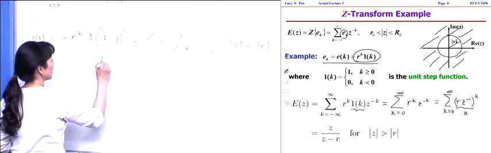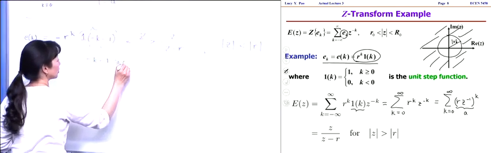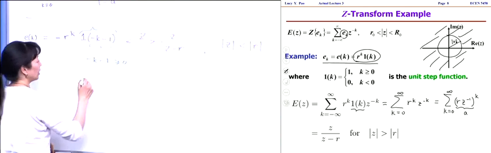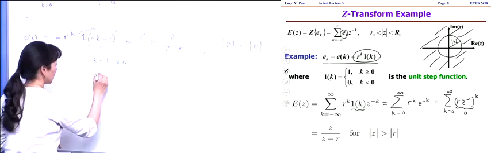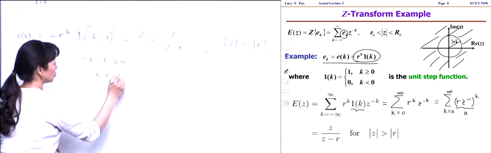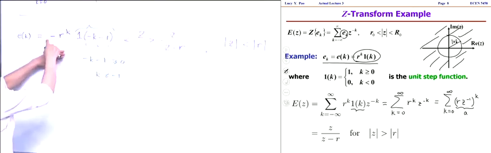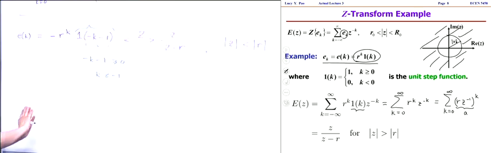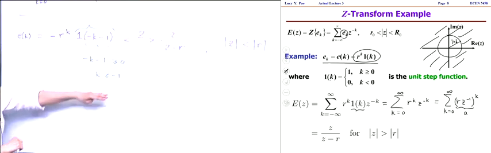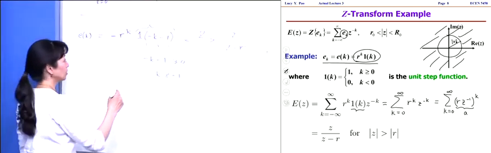So if minus K minus 1, we need this to be greater than or equal to 0, which means that, bring this to the other side, K has to be less than or equal to minus 1. So only for K less than or equal to minus 1 is E of K non-zero. For all K greater than minus 1, we have E of K is 0.